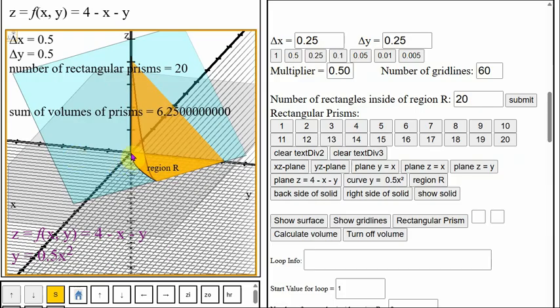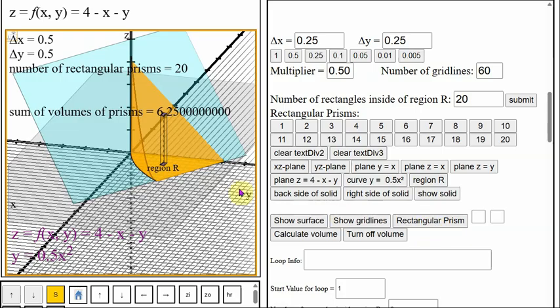And so now from here to here is 1, and then here are the 4 rectangles, and the same thing along the y-axis right here. And so the rectangles are smaller now, and here's what a typical rectangular prism would look like.